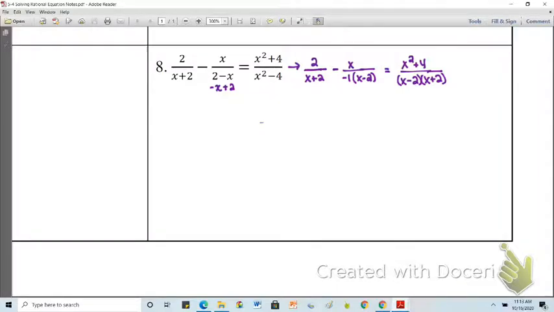No matter where that negative is, it is the same problem. So I am going to make a minus times a negative 1 into a plus. So now when I look at my least common denominator, I no longer have a negative 1 down there I have to worry about. So it's x minus 2 times x plus 2.